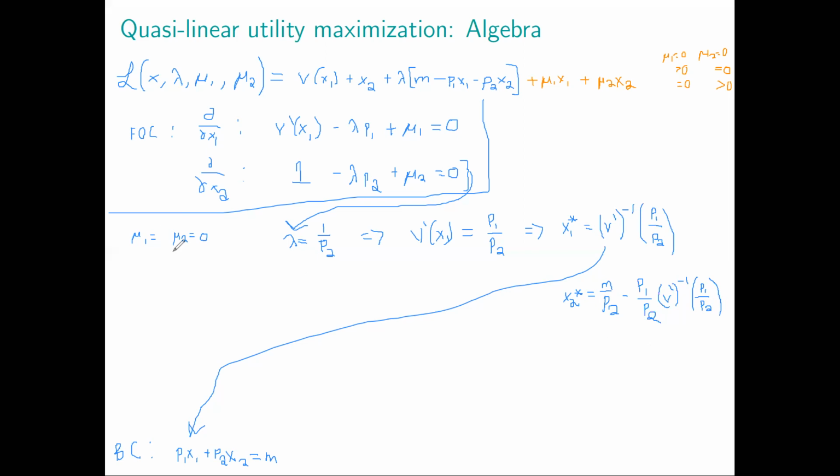But here we have mu1 and mu2 equal to 0. So what we really need here for this is that this here needs to be strictly greater than 0, right? So this is going to define a case for us, right? So we need this to hold if we're in this case. So we'll keep that around here.